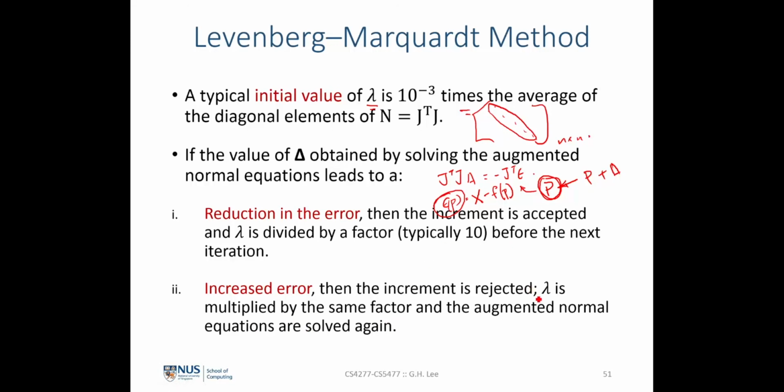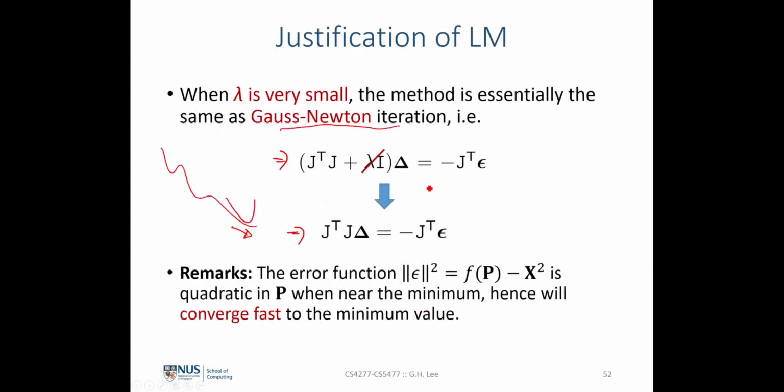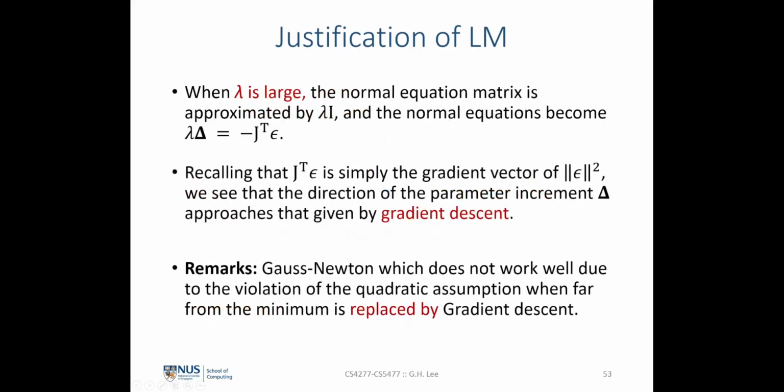When lambda is large in this normal equation in the Levenberg-Marquardt algorithm, this term over here is going to outweigh J transpose J. Then the normal equation simply becomes lambda multiplied by delta equals J transpose of epsilon. And this is what we have seen earlier on as the gradient step for the gradient descent technique.